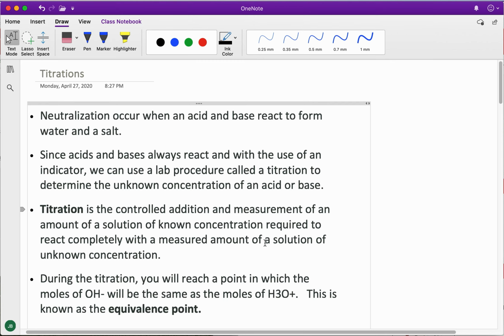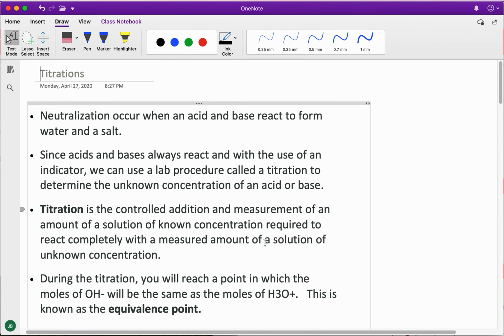And it's of an unknown concentration. And so that is what you're trying to determine. That is why you do titrations: to determine the unknown, and I'm sorry, not the pH. Let me put that back. To determine the concentration of what is in that flask.